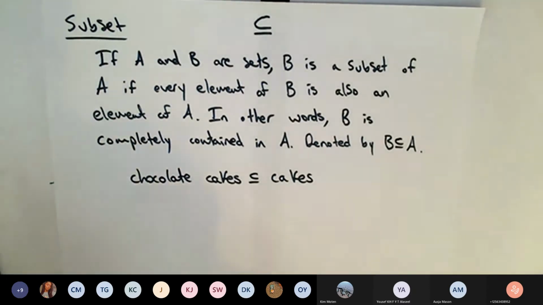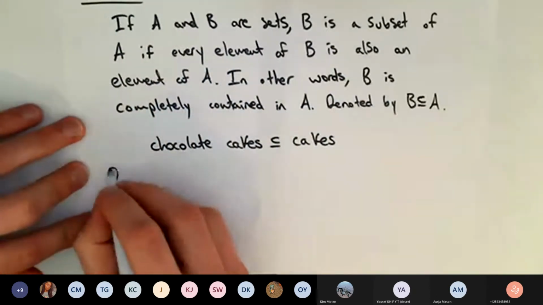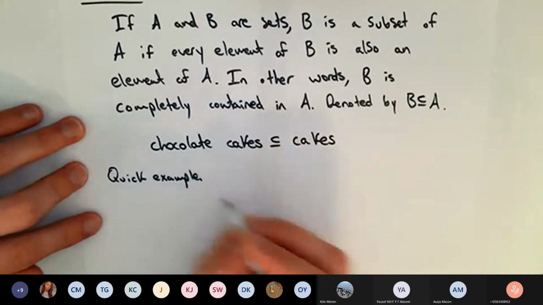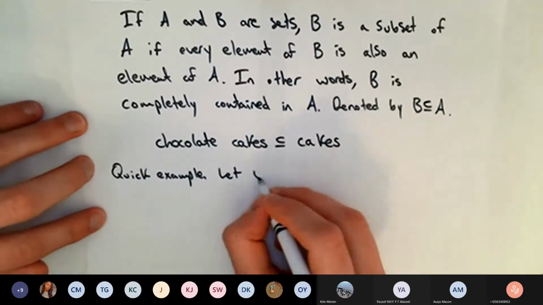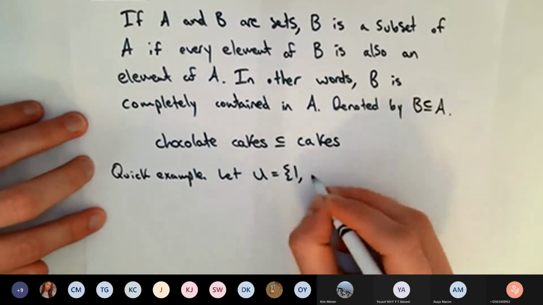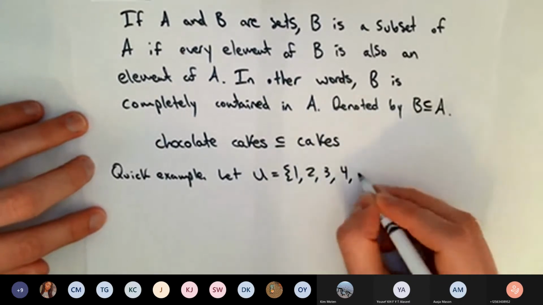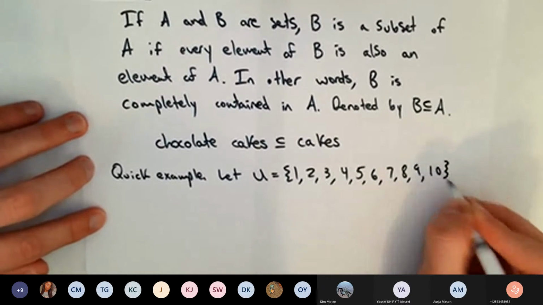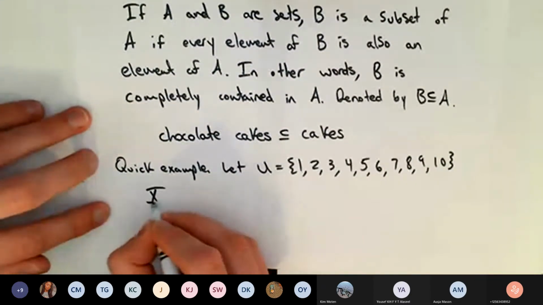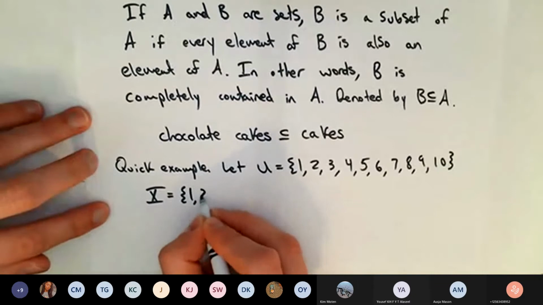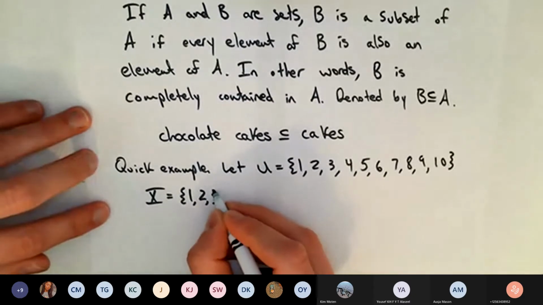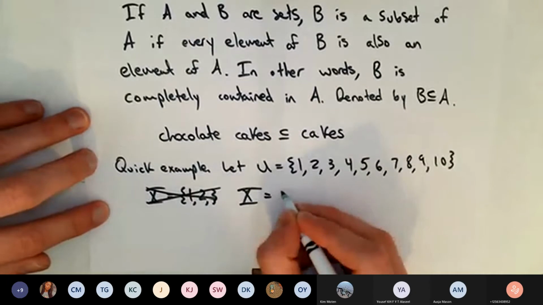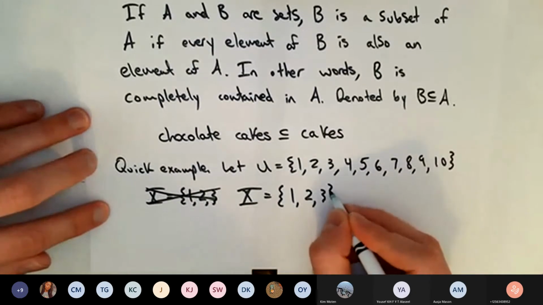Let's just do another quick example. Let U be the numbers 1, 2, 3, similar to that example we had earlier. Let X be the set 1, 2, 3.